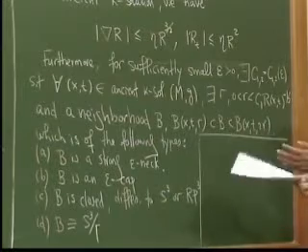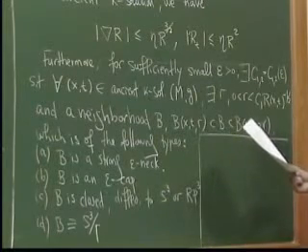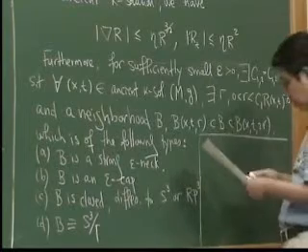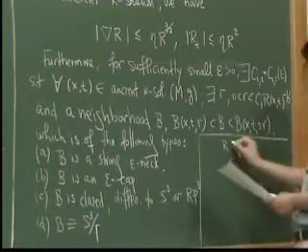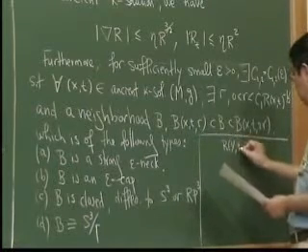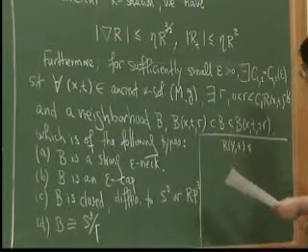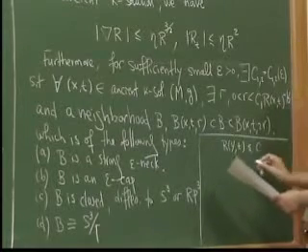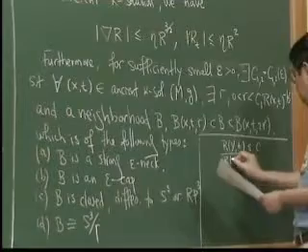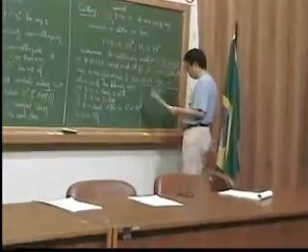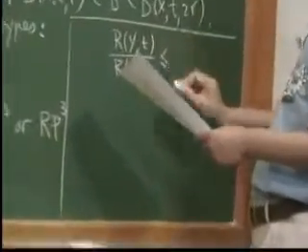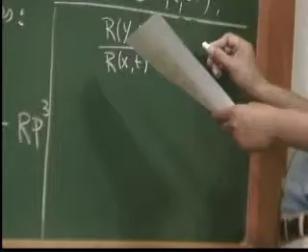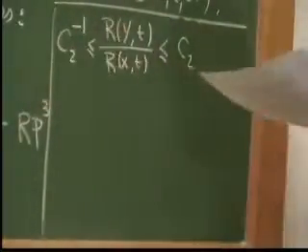So the scalar curvature in B is between C2 over the scalar curvature at (x,t), because scalar curvature is positive in this case, between C2 and the C2 inverse.